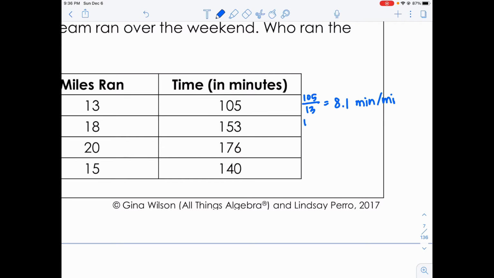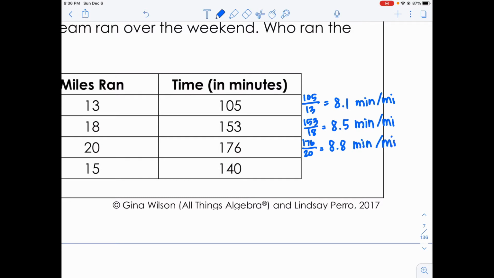It is 153 divided by 18. When I divide that, I get 8 5/10 minutes per mile. Harper, I'm going to set up the rate. It is 176 minutes over 20 miles. That is 8 8/10 minutes per mile.